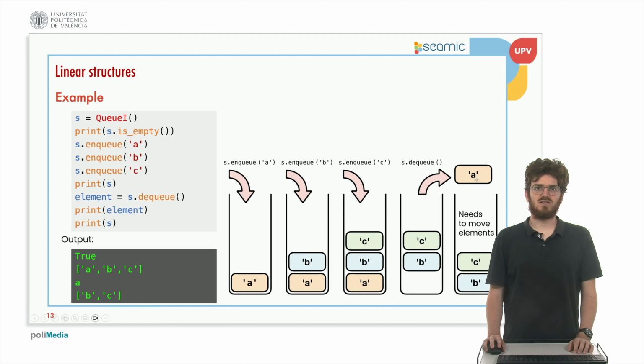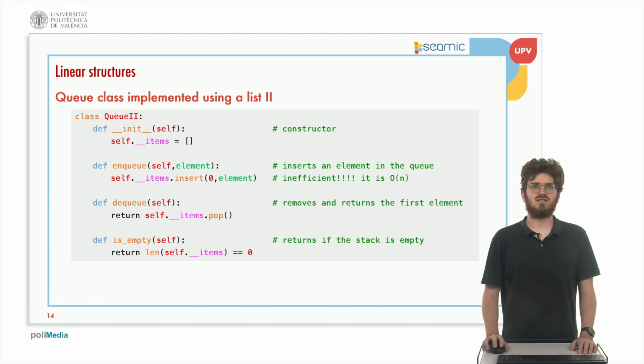First, it removes the element and gives it back, but then it has to move every other element such that the first element is now B instead of an empty location. So we have to move as many elements as we have, and of course, if we have a very large queue, this will mean that every time that we remove an element from the queue, we need to perform a very complex operation of moving elements throughout it. So let's see if we can fix this issue with an alternate implementation.